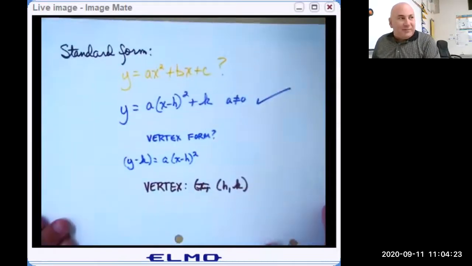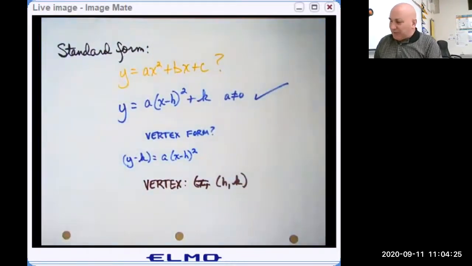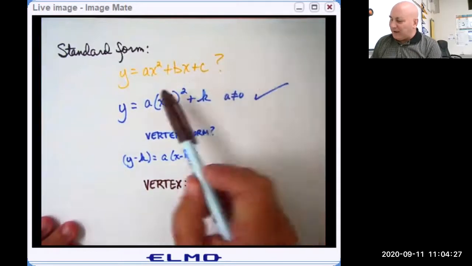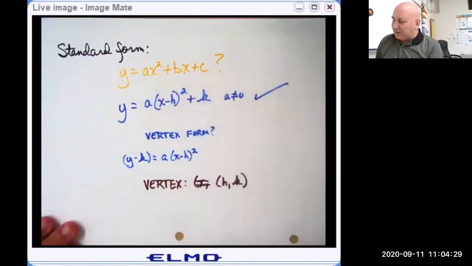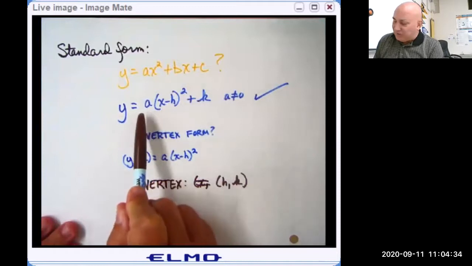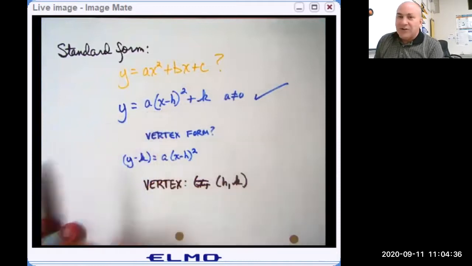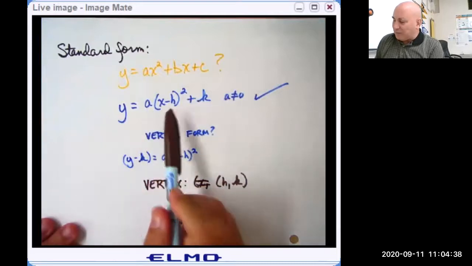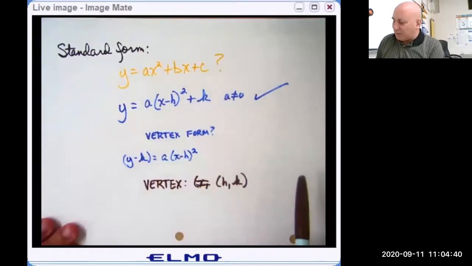Now, different books have different titles. I always learned standard form as ax squared plus bx plus c. Our current book that we're using uses this as standard form. Some books will call this factored form. Some books will call it vertex form.